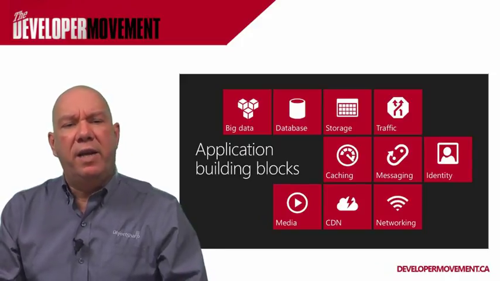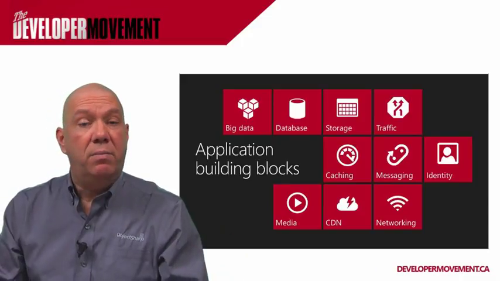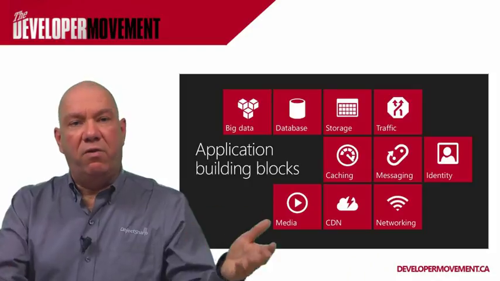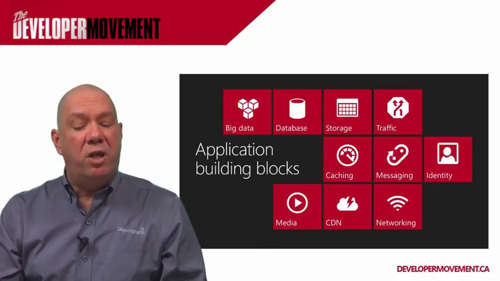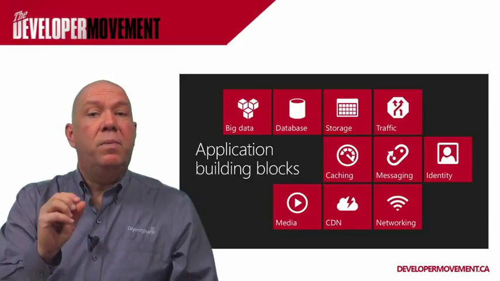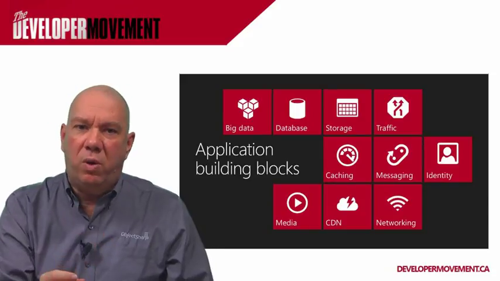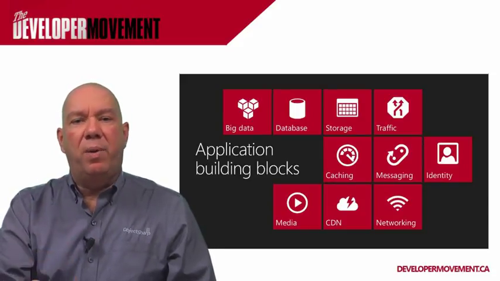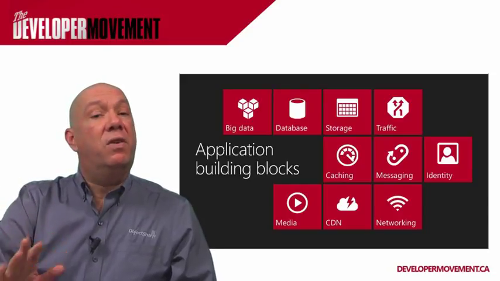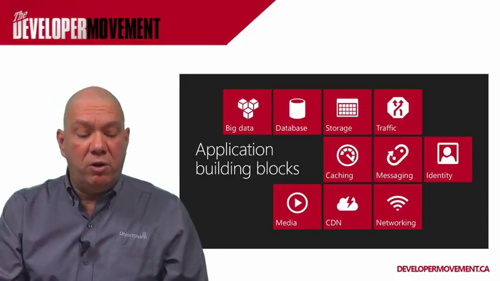If you have to deal with identity, you can turn on Access Control Services and utilize that as your identity mechanism, and you don't have to build out AD, Active Directory, or ADFS, or any of those things. So while it may seem like these things are enterprise, and they are, you may find them useful, and you can just plug them into what you're doing, not have to worry about buying a server, getting the licensing, getting the stuff configured, because that's covered off in what you're paying for Azure.